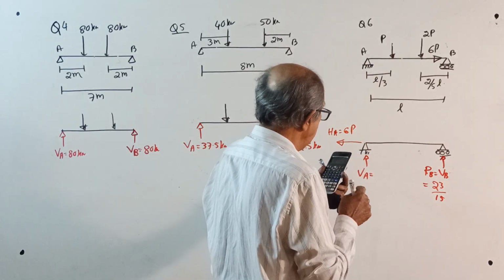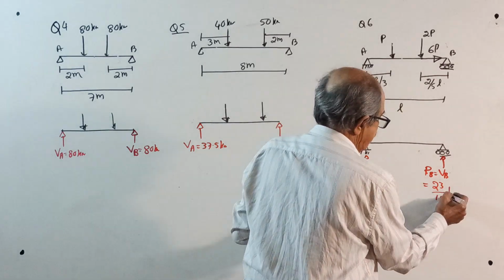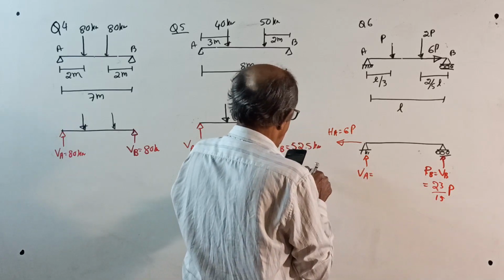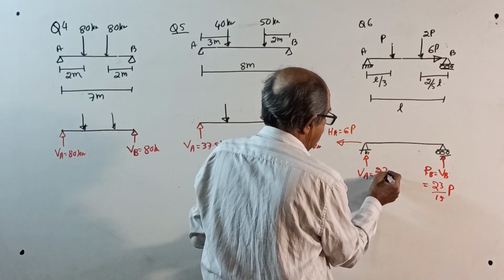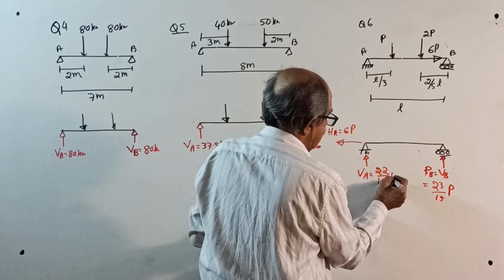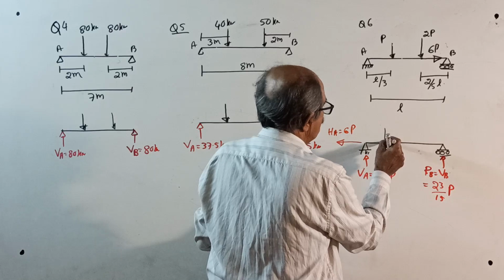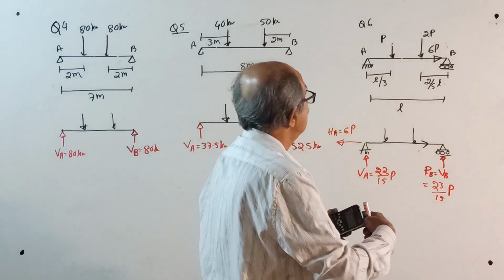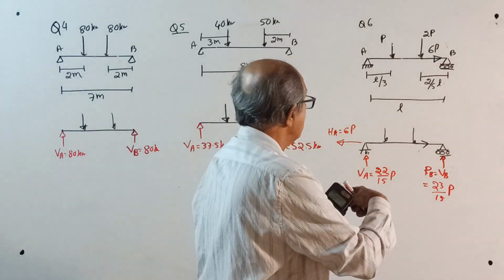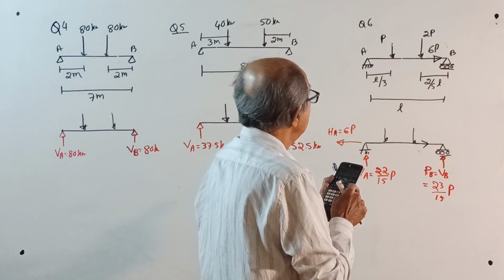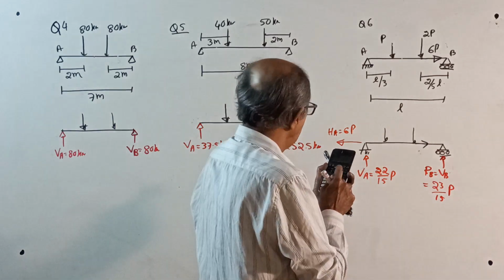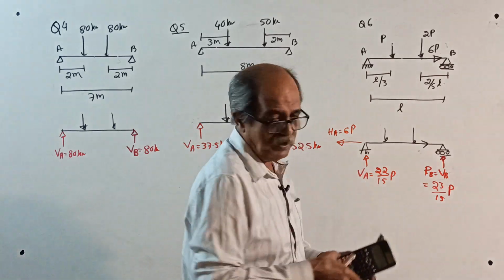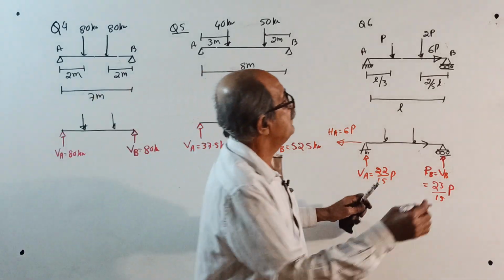I always put ABCD format. 20 by 3 by 15 P. This will be minus 3. 22 by 15 P. 15 times P with the two loads. But I will check the answer. Safer side. Why? No mistake. Sometimes what happens is, due to some small calculator problem, 22 correct. Over. Done. 6 questions are over.